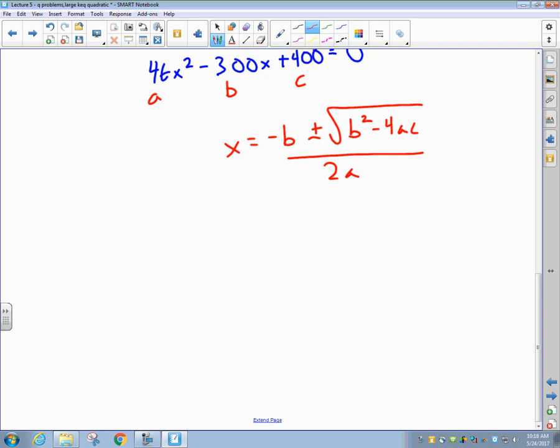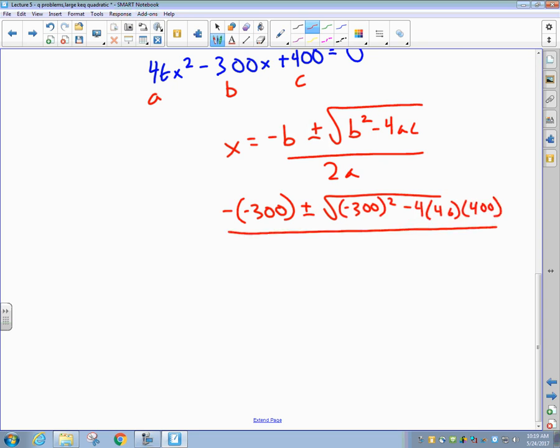We're going to end up with negative negative 300 plus or minus the square root of negative 300 squared minus 4 times 46 times 400, all over 2 times 46, and that's going to equal x.